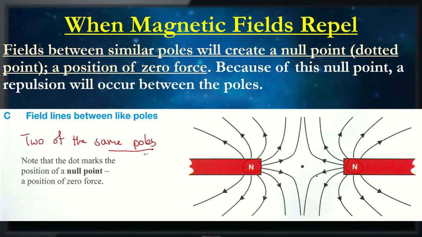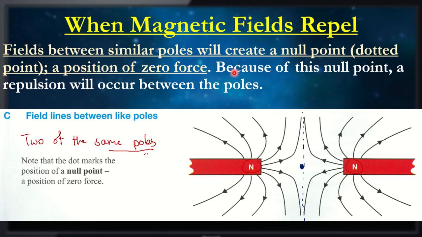You can see at the middle here, we have a null point. You can even draw it like an asymptote. This null point is where you would experience a position of zero force. So at that little point here, there should be no force felt.